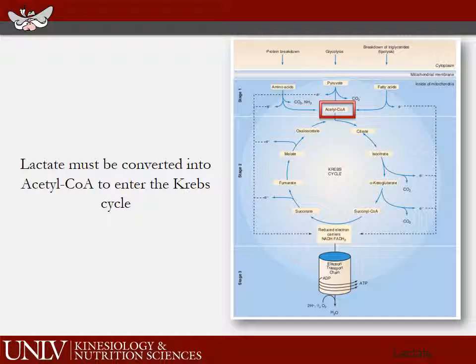So lactate must be converted into acetyl coenzyme A to enter the Krebs cycle. And again, this is a little schematic of glycolysis, pyruvate and acetyl coenzyme A. Remember, you can have lactate right up there as well, going into the acetyl coenzyme A and then going that way.